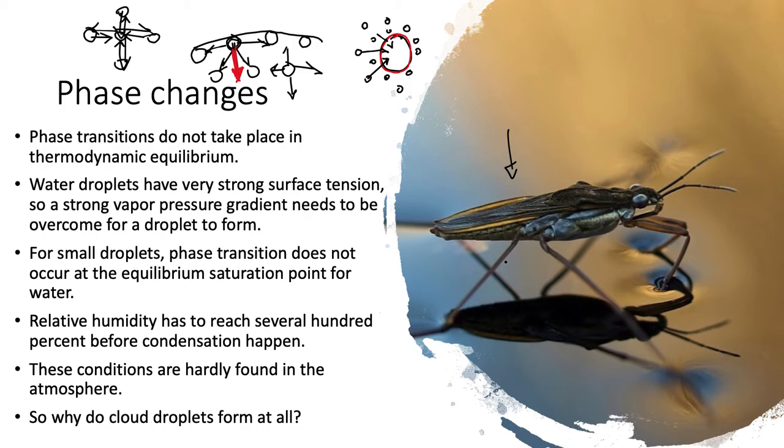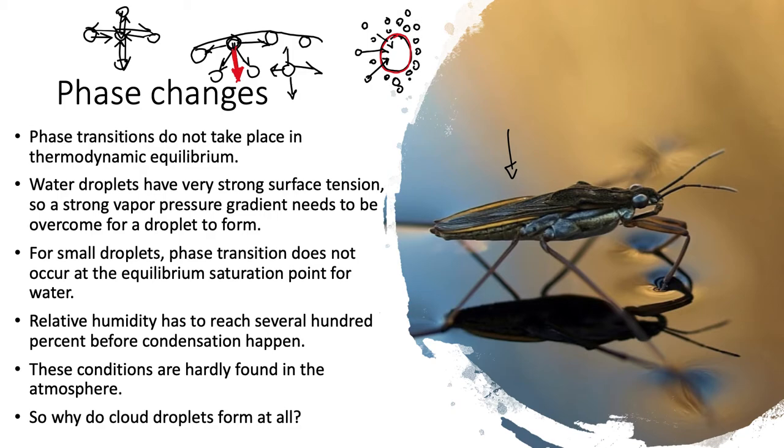And so what this means for the atmosphere is that you're going to need a lot of supersaturation, right? It's not that you reach saturation and boom, you have your cloud droplet. You're going to have to reach a really high value of supersaturation.